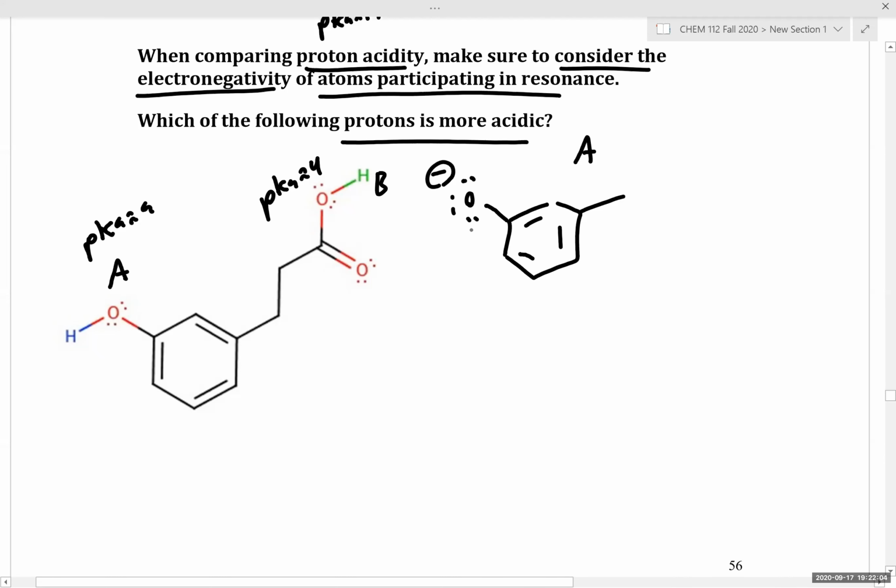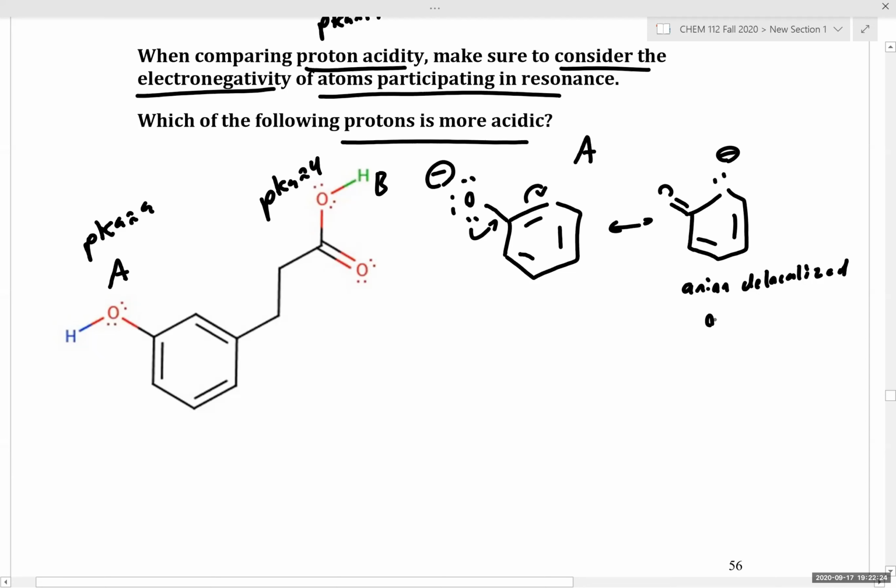Well, if we have our anion, we are primarily delocalizing and distributing our charge onto carbon atoms. Does everyone see how the anion ends up on a carbon atom?